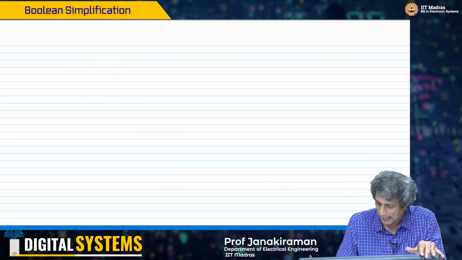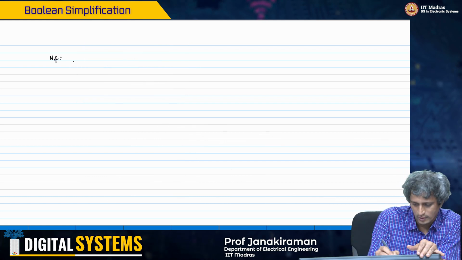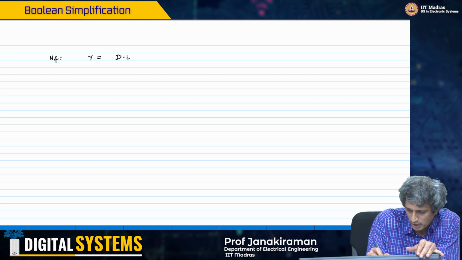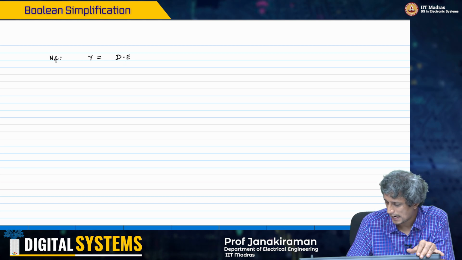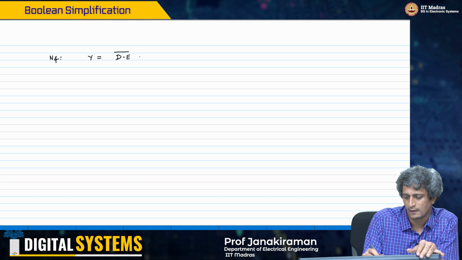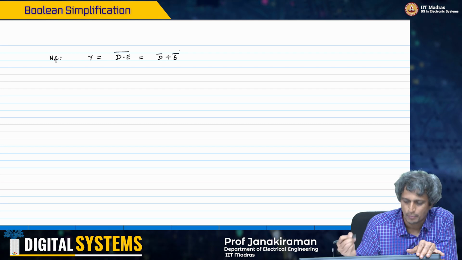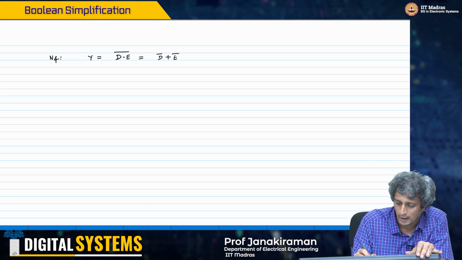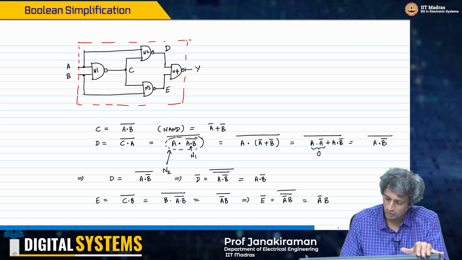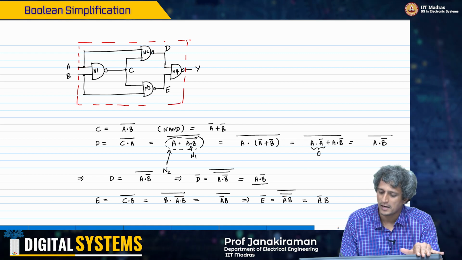So now I am looking at the final gate N4. Y is simply equal to D into E, D and E whole bar. This again by DeMorgan's laws is D bar or E bar. And therefore, I already showed you previously that D bar was nothing but A and B bar.